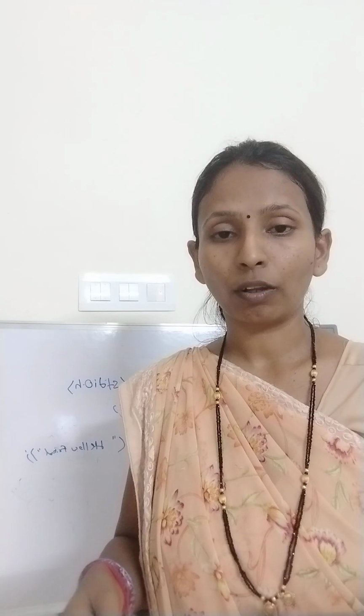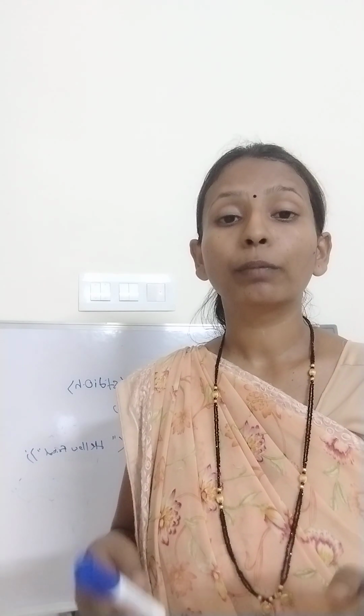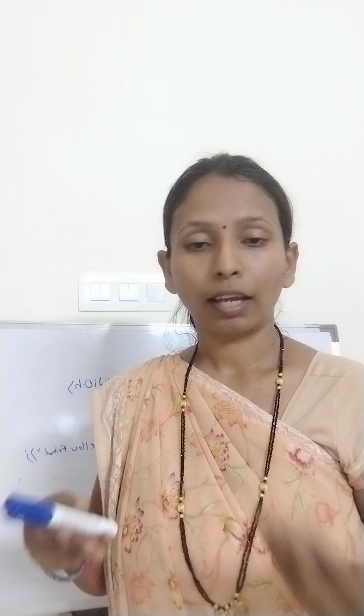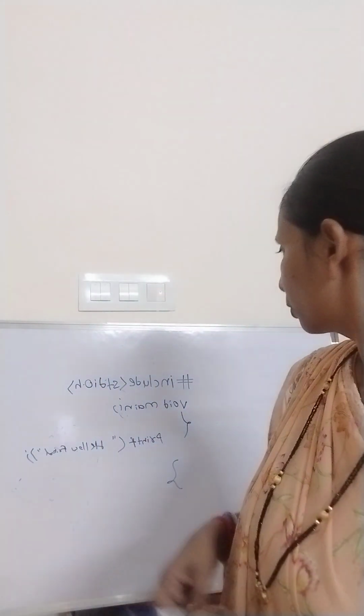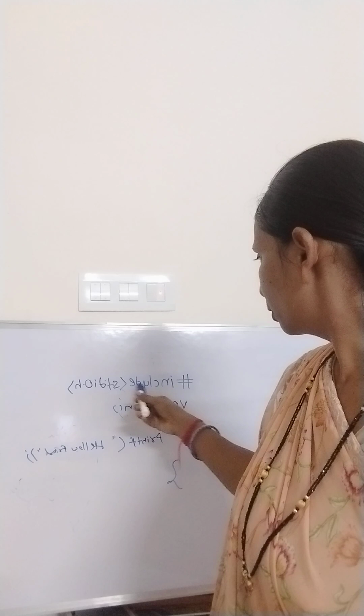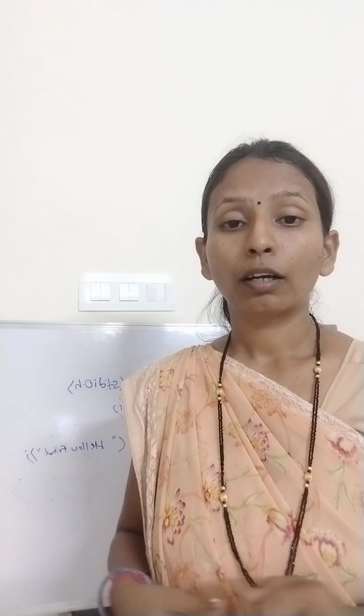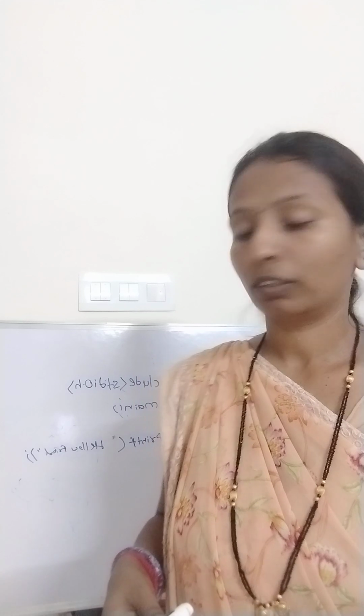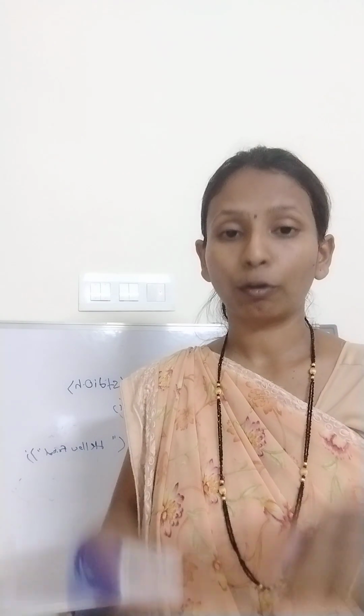So in our program, any line we write with a hash symbol is called a preprocessor directive, and this preprocessor directive includes library functions in our program. Now after including this stdio.h in our program, the compiler gets information about the predefined functions which we use in our program.